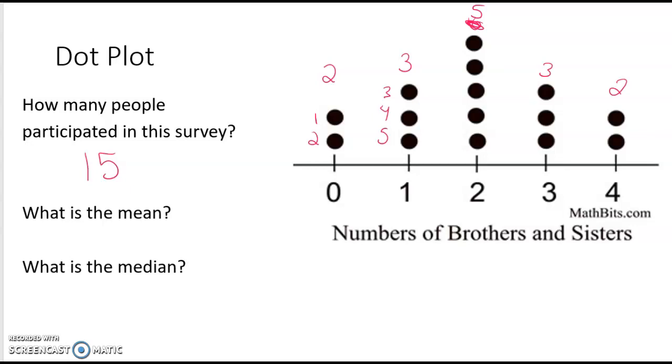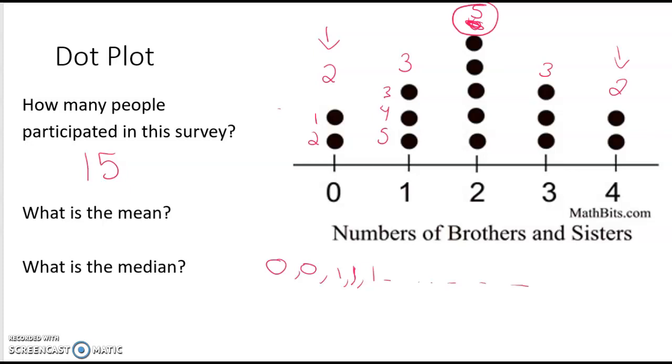What is the mean? Well, some people actually get confused by this. The mean is adding up all of these numbers: 0, 0, 1, 1, 1, and so on. You can add up all the numbers and divide by how many there are. However, there's actually a shorter way. If you notice, there's 2 here and 2 here, 3 here and 3 here. It actually is a symmetrical curve. So the mean is what's in the middle.